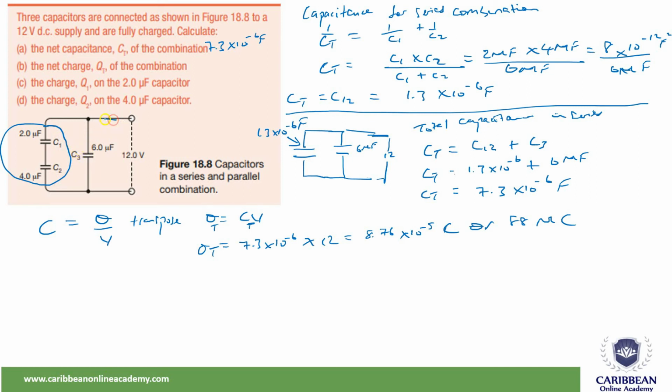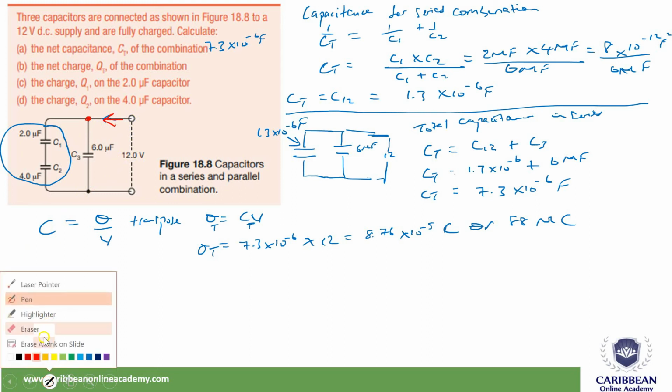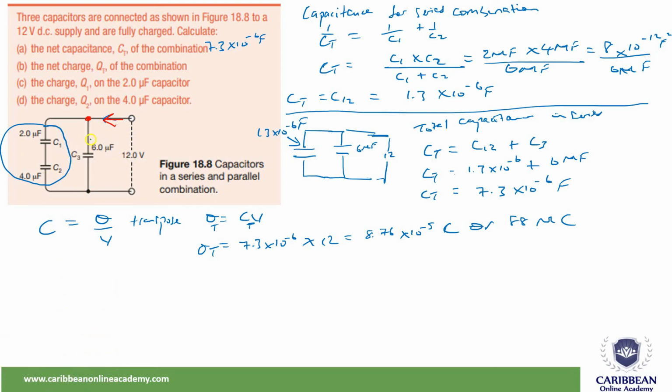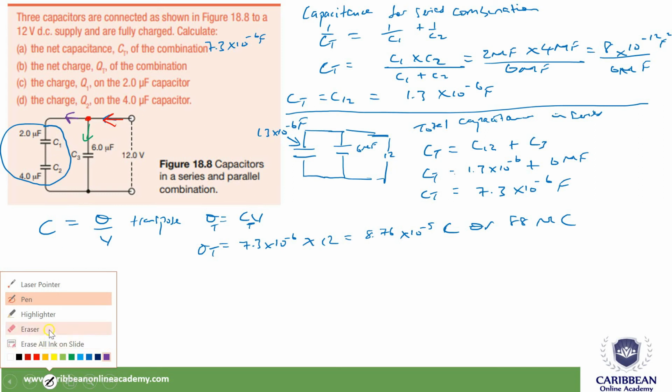Imagine that the current is flowing like this. Let me see if I can use a different color. Imagine that the current is flowing into this node. That is my total current. Then we're saying that some of the current is going to flow down here like this, and some of the current is going to flow that way. By Kirchhoff's first law, the sum of the current entering the junction is equal to the sum of the current leaving the junction.